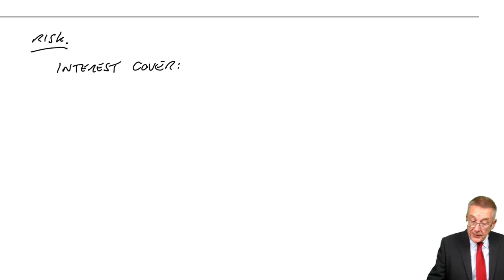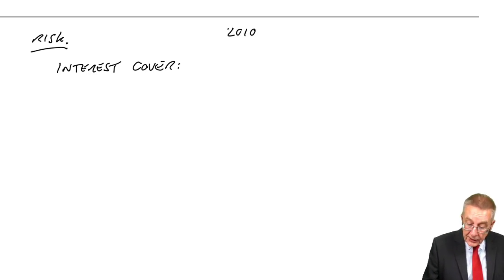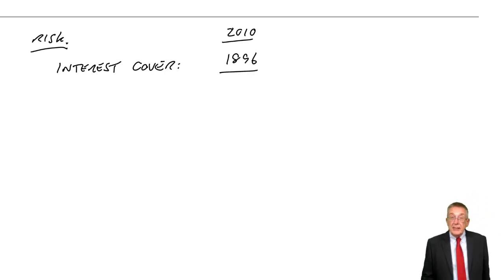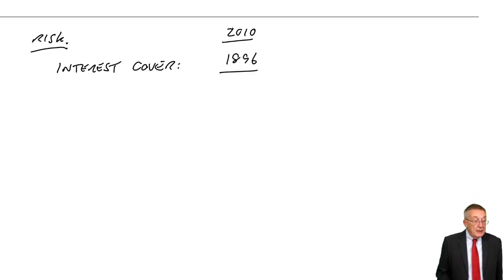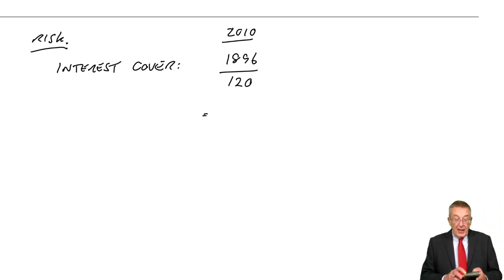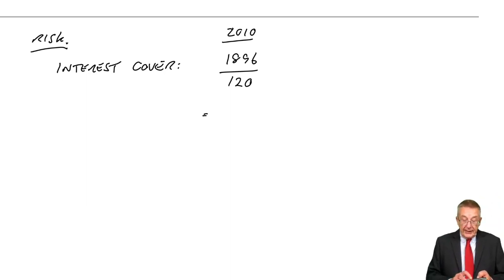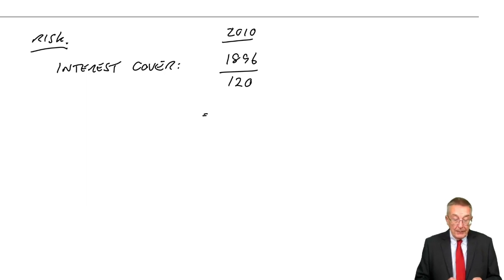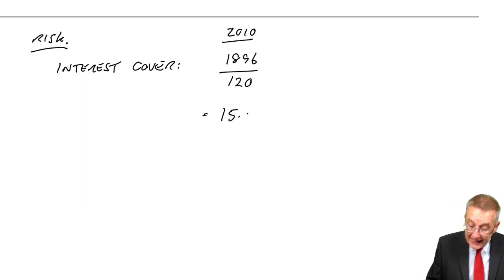The profit from operations in 2010 is 1896. And we divide by the interest. Finance costs is another word for interest. So 120. And 1896 divided by 120 is 15.8.